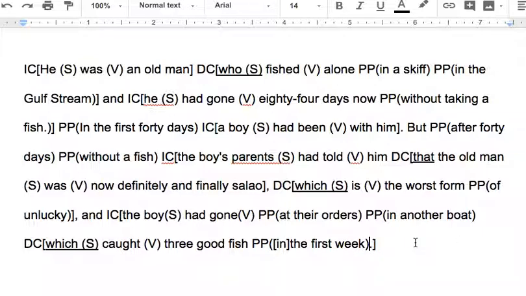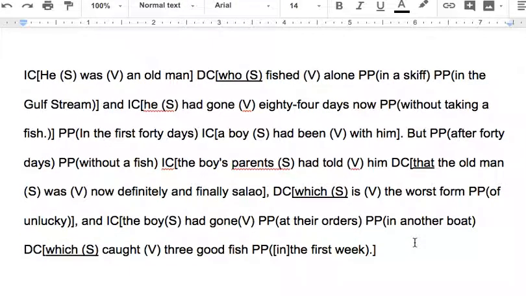So that's how we're going to continue to dissect sentences. As we move on and learn more grammar, we'll be adding even more to these sentences. But for now, for The Old Man and the Sea, you're going to pick your own 5 sentences from a land scene and 5 sentences from a sea scene and dissect them in this way.